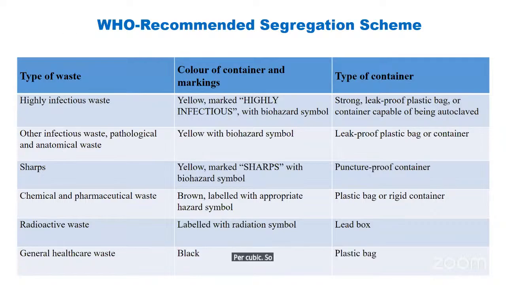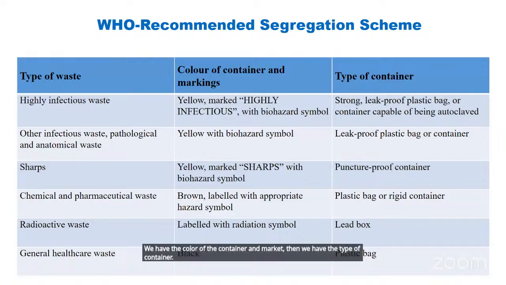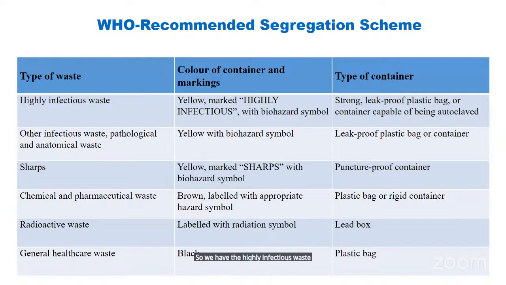We have the WHO recommendation for classification of healthcare waste, and this is the system that Kenya has adopted. We have the type of waste, the color of the container and markings, and the type of container. For highly infectious waste in Kenya, we have two bins: the red bin and the yellow bin. They both carry highly infectious waste.